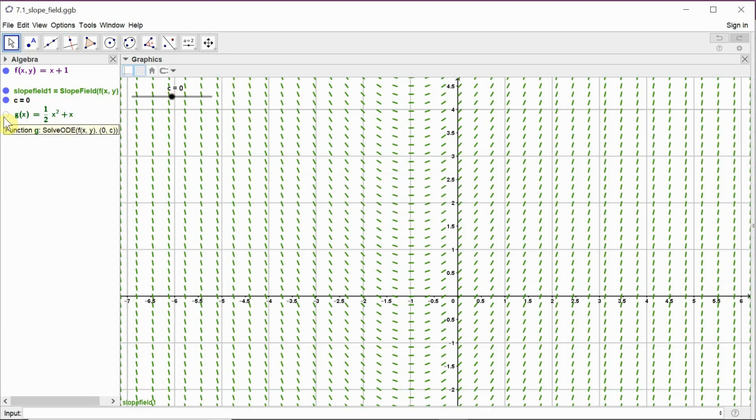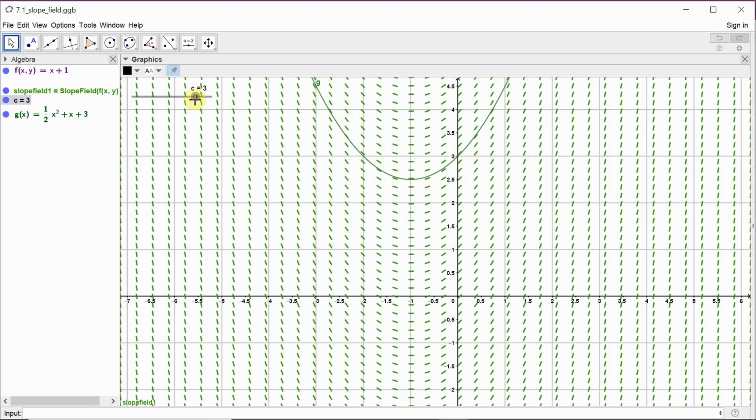Was it 0, 4, 0, 3? It doesn't matter. Whichever, it was 3. Okay, so there is the specific solution. Do you notice that those little segments are following the curve?